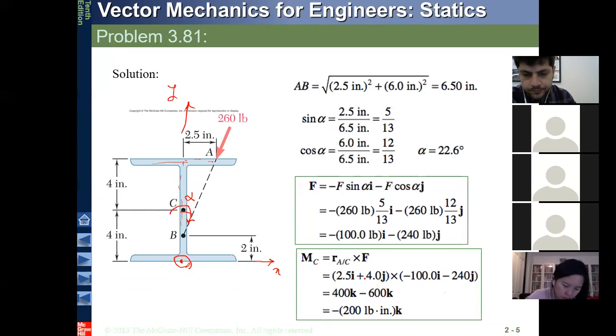Okay, you can expand this cross product as 2.5 I plus 4J.